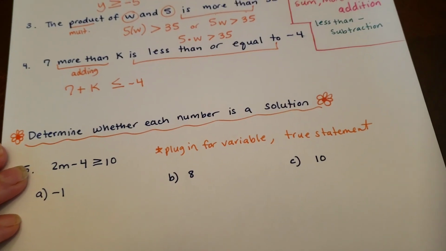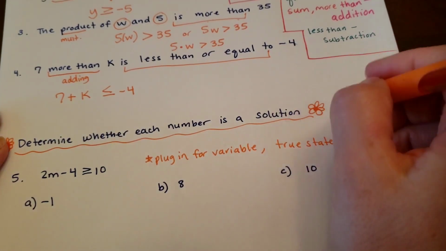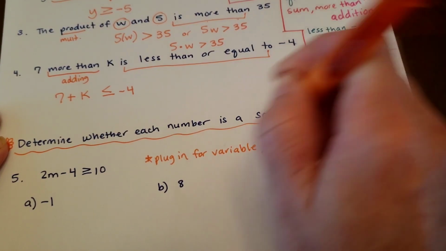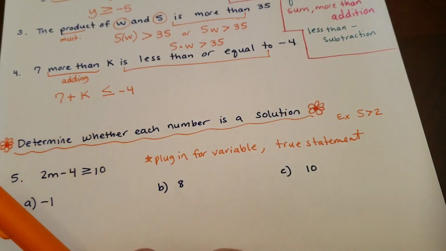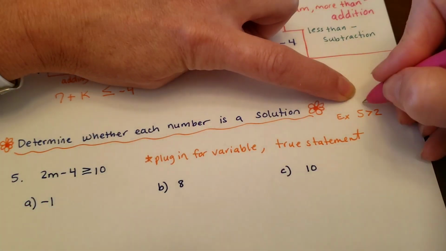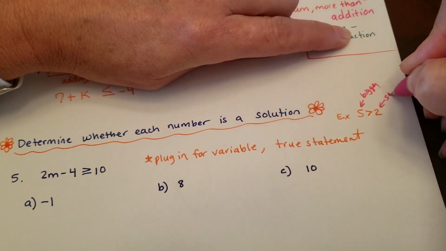And let me just talk really briefly about a true statement. So a true statement would be like 5 is greater than 2. That is a true statement because 5 is bigger than 2. So 5 is bigger and this is smaller.